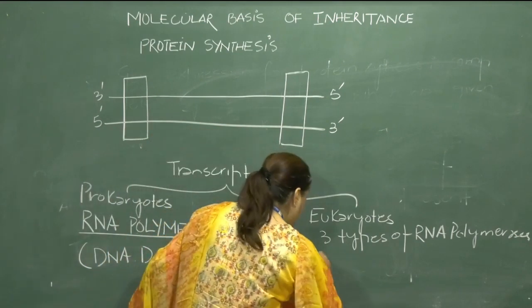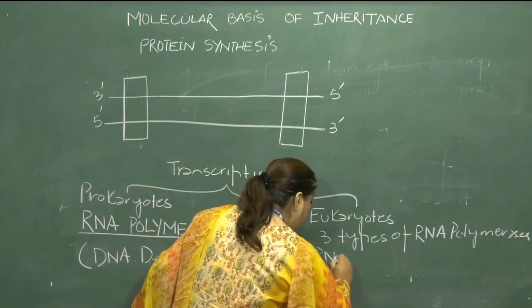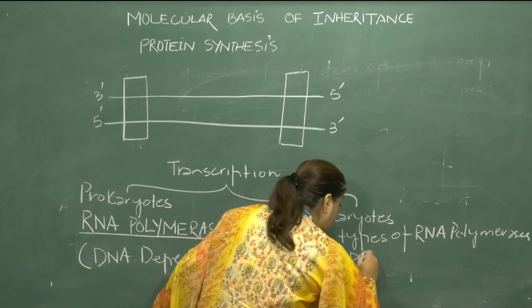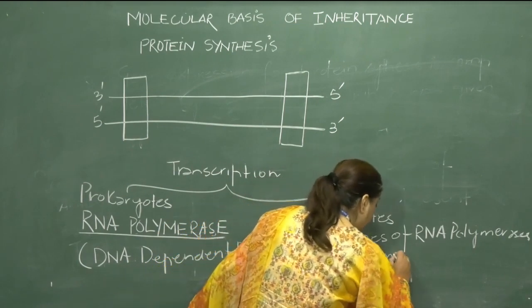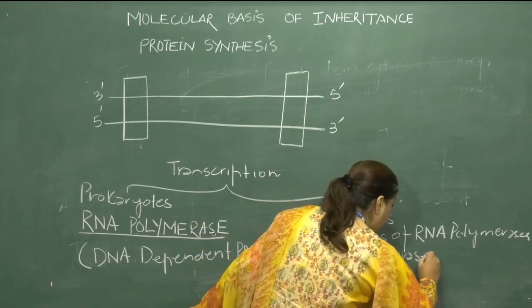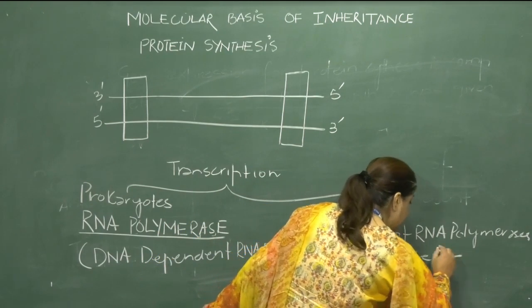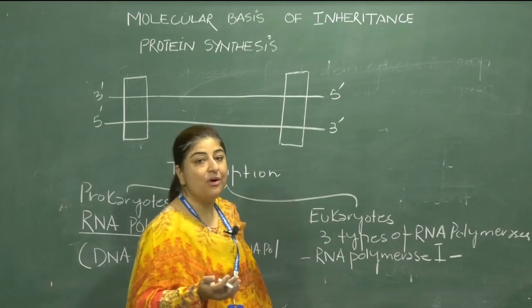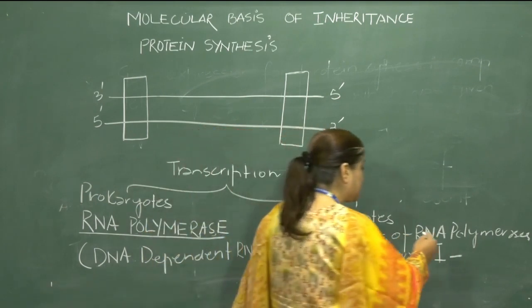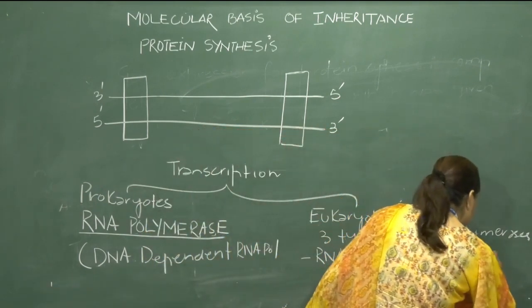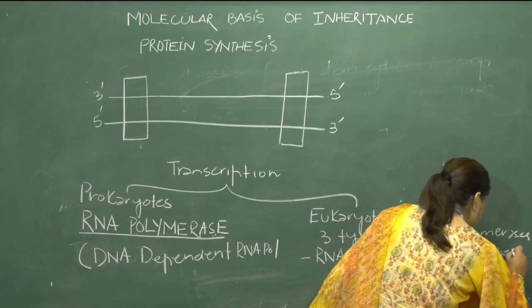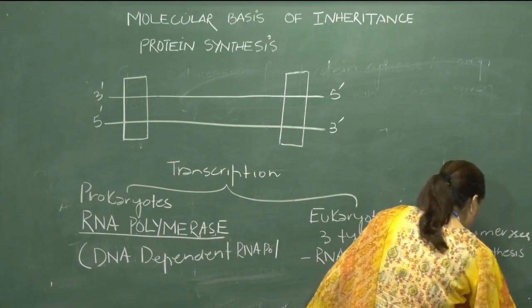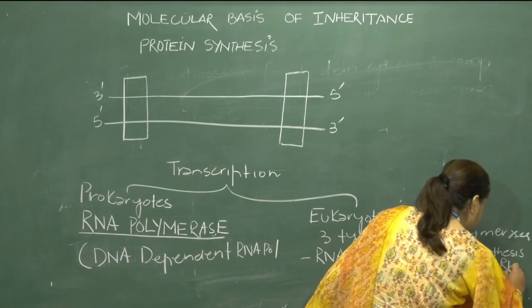The first type is RNA polymerase 1. This RNA polymerase 1 is basically used in the synthesis of rRNA.